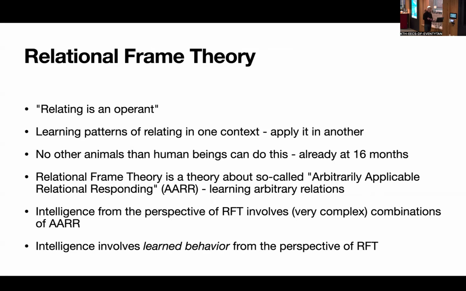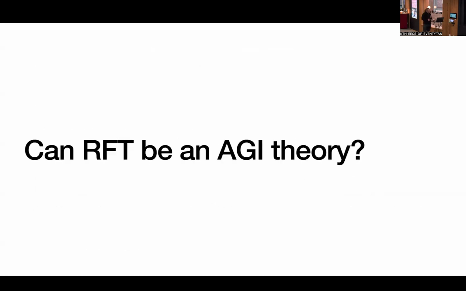I would go as far as to say that maybe what we mean by general intelligence is arbitrarily applicable relational responding. So the question then is, can relational frame theory be the AGI theory that, for example, Chris Torrison was talking about, that is very, very strongly needed?